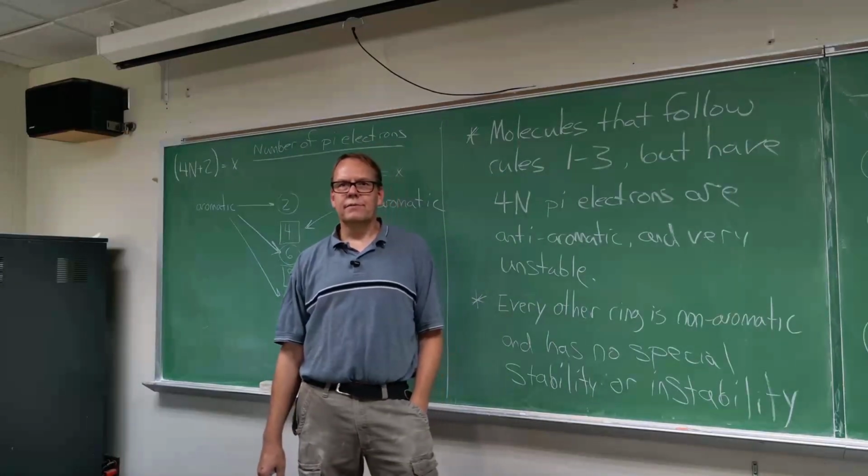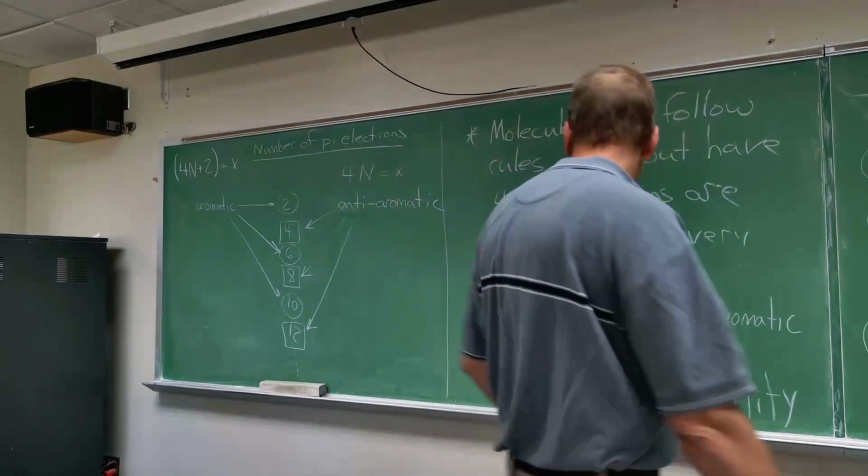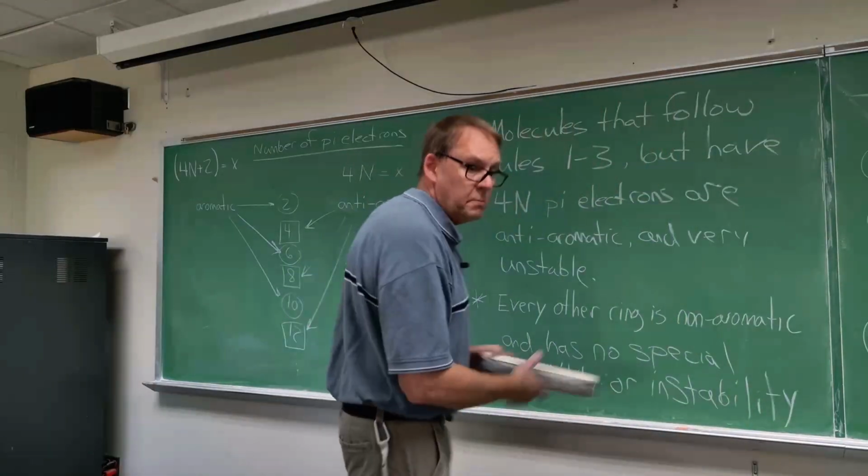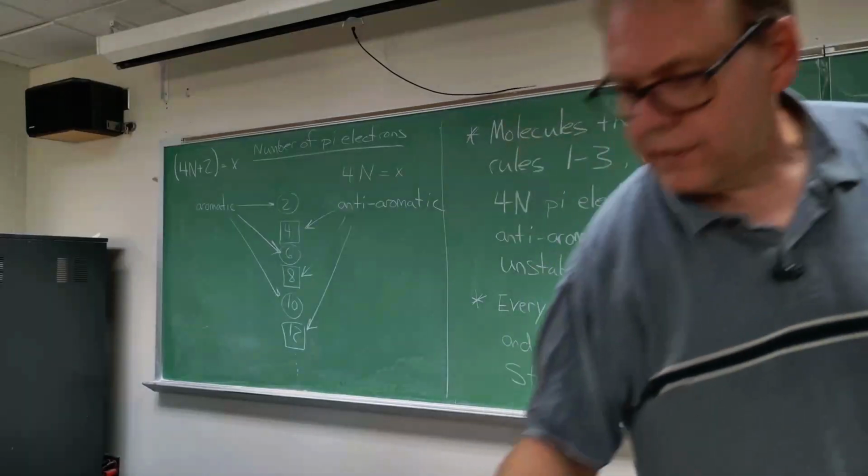You'll never look at organic rings the same way again, probably. All right, let's take a look at some examples of molecules that fit into these different classifications and how you can know.